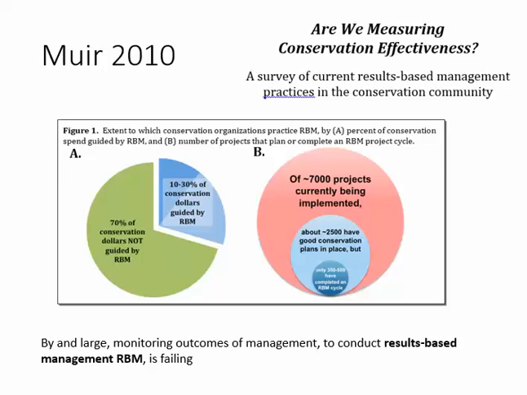On the right, you see that he interviewed people who reported on up to 7,000 projects being implemented. About 2,500 of them have conservation plans in place. Only 300 to 500 have completed an RBM cycle, meaning that they've monitored the outcomes of actions and used that to revise what they do. That's a pretty small number.